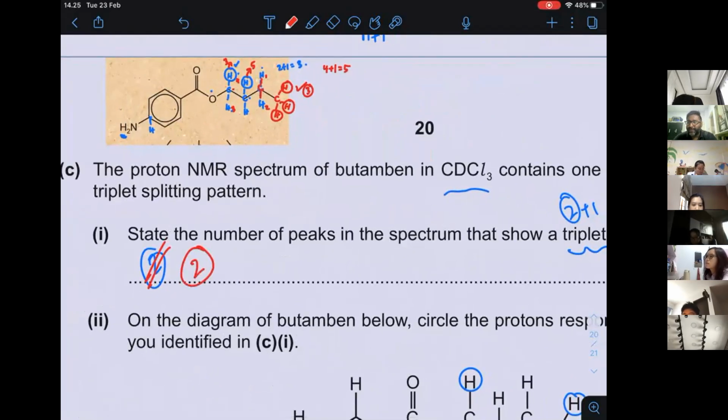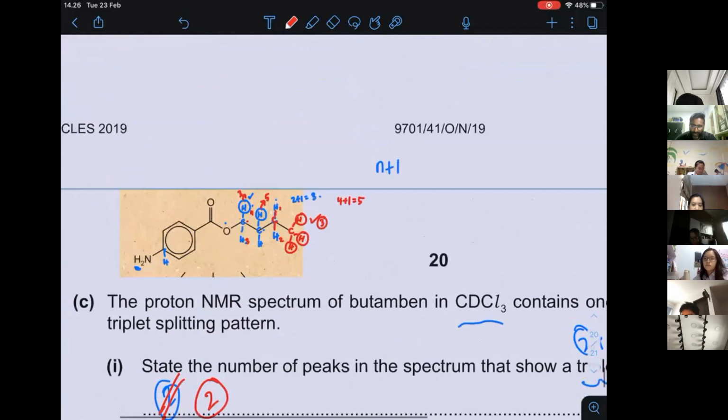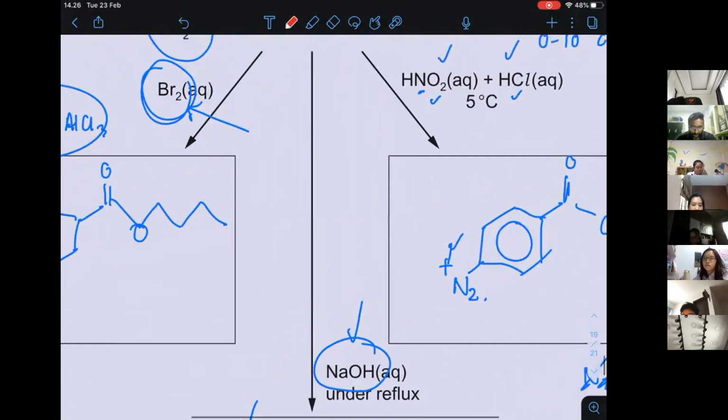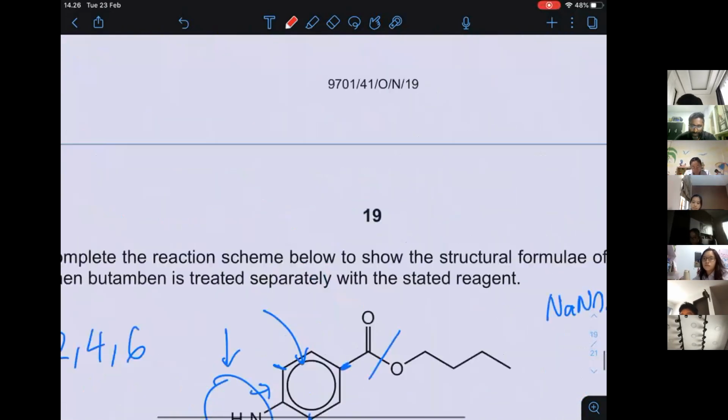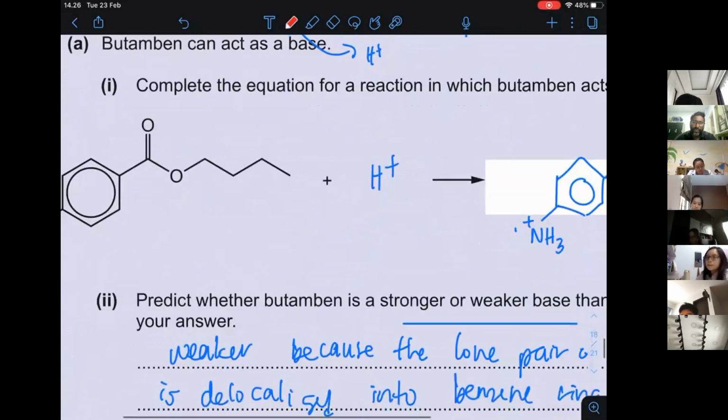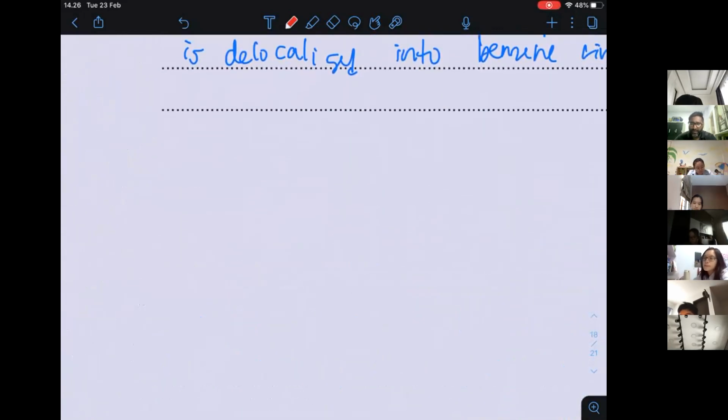Now, Aneta was asking, sir, is it acceptable if we just use R as the R group, like NH2, R, COCl? It's possible, Aneta, but do remember, don't use the R in the middle.